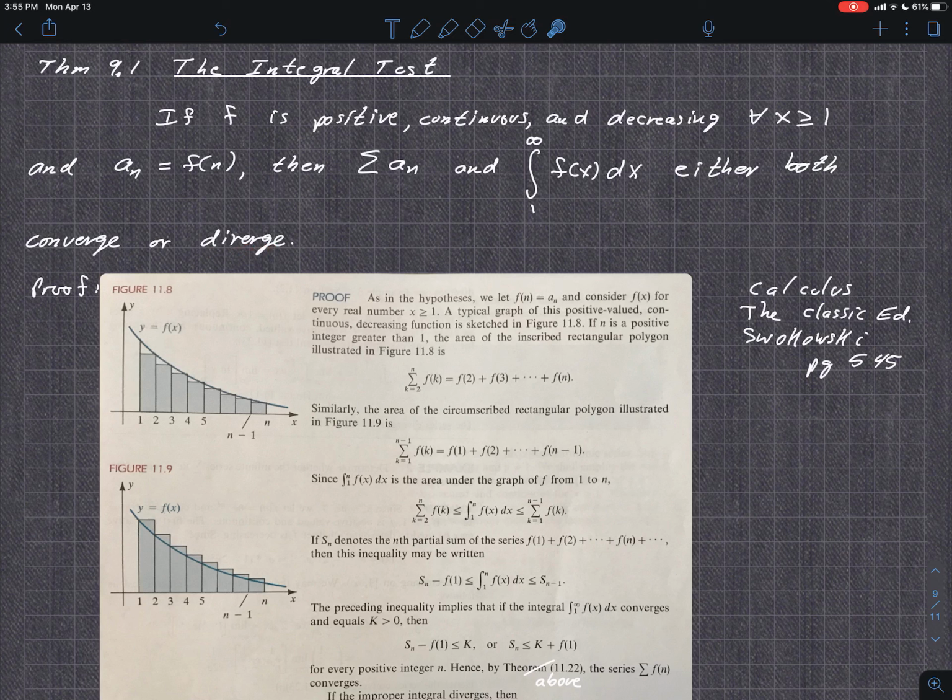So either both convergent or both divergent. Remember, the integral is basically a summation. So instead of showing that the sum converges or diverges, we show that the integral does.